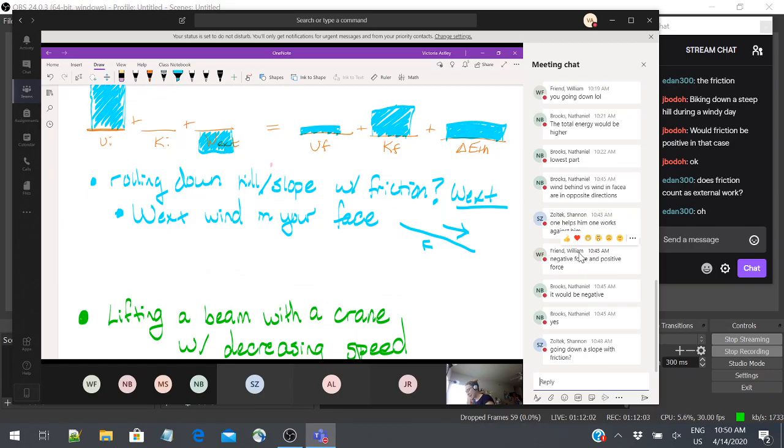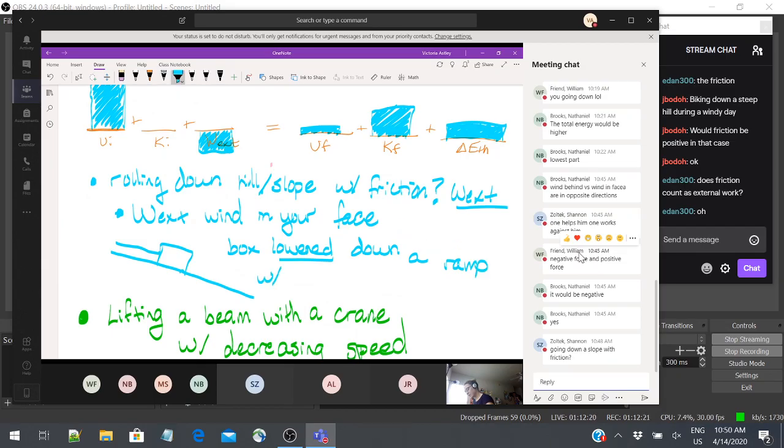So I might say a box that is on a rope, a box being lowered down a ramp, with friction and increasing speed, right?